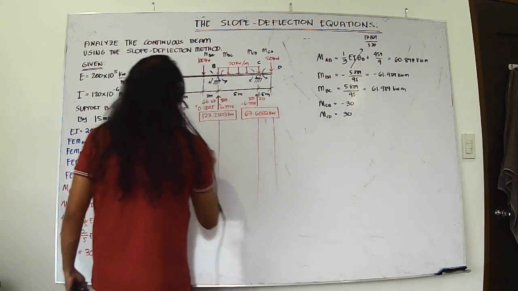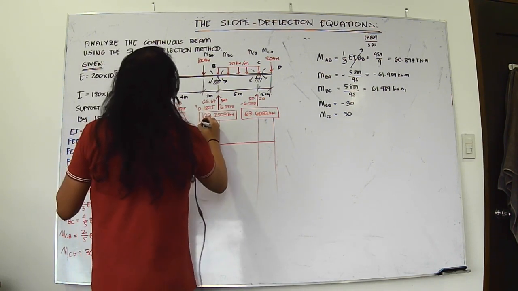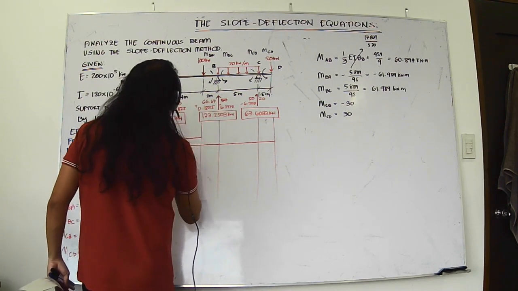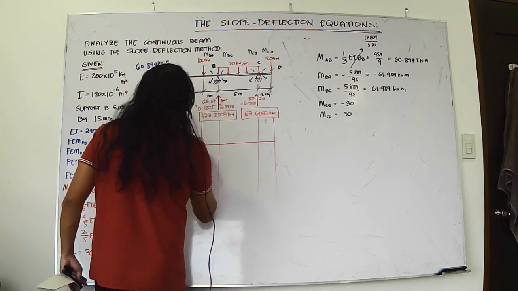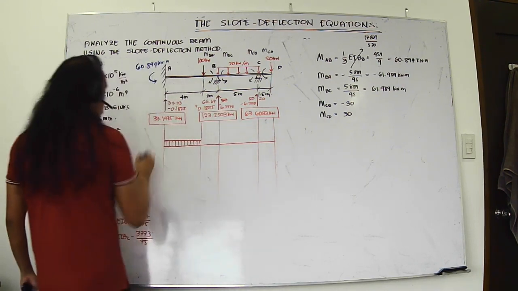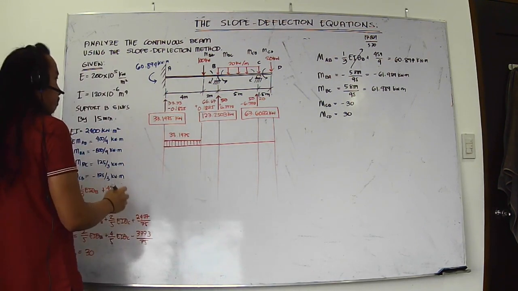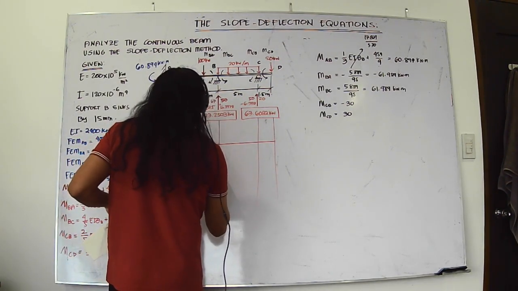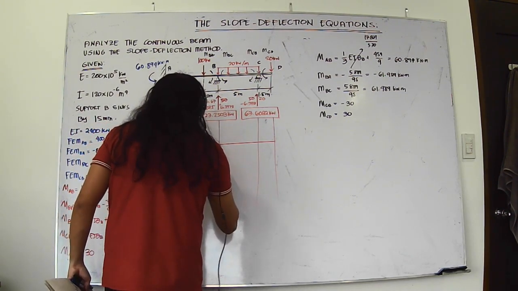By now, you should have mastered the shear diagram. We start with 33.1475. 100 minus that is negative 66.8525.